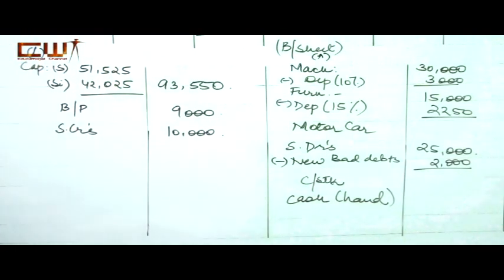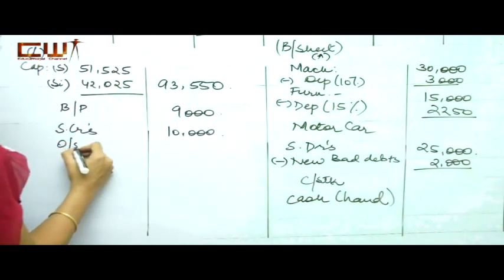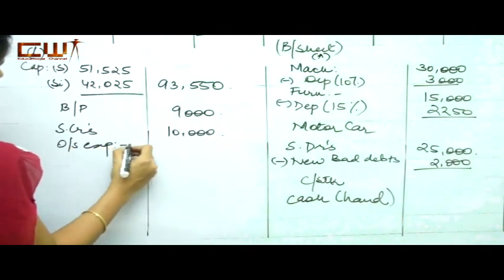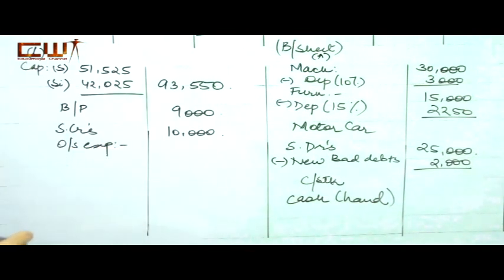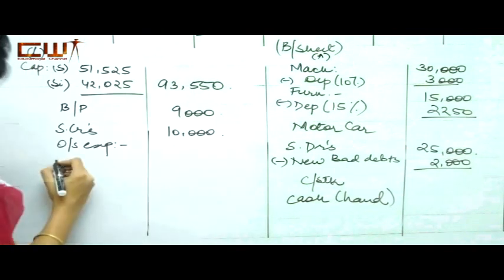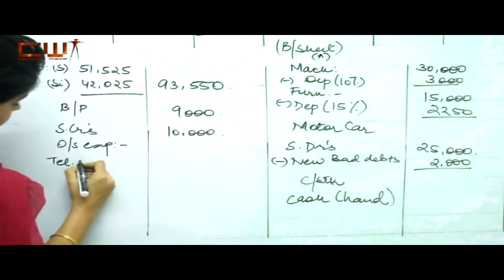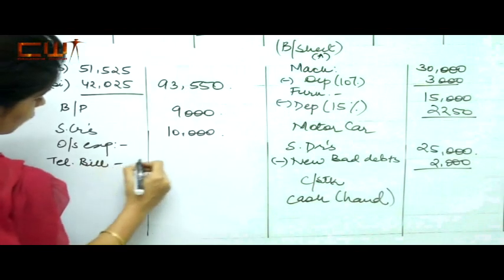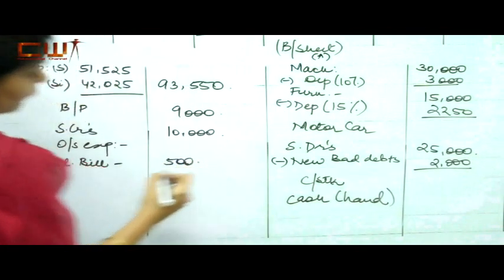So, sundry creditors is 10,000. Anything else? You have the outstanding expenses I told you. Mention all the outstanding expenses. What you had? You had telephone bills, salaries and wages. Telephone bill was for 500.